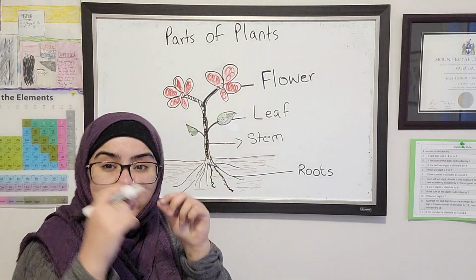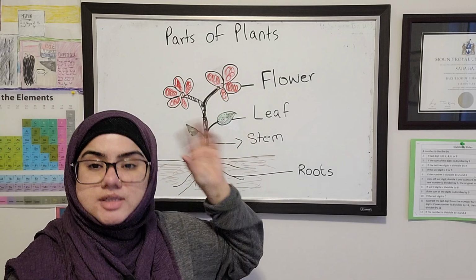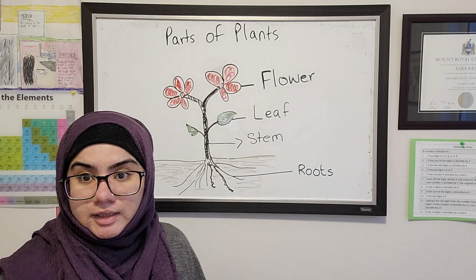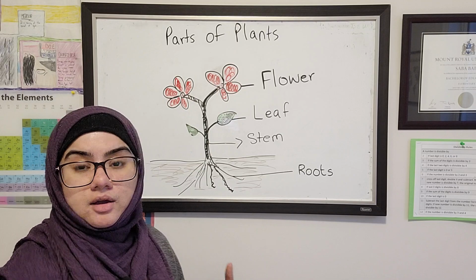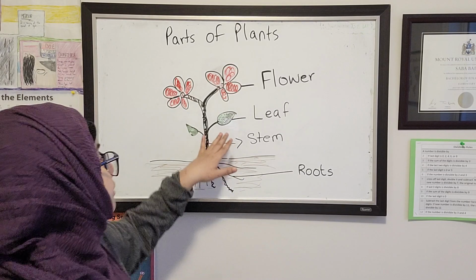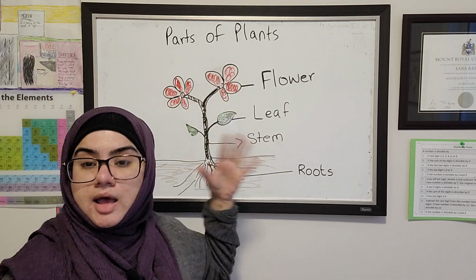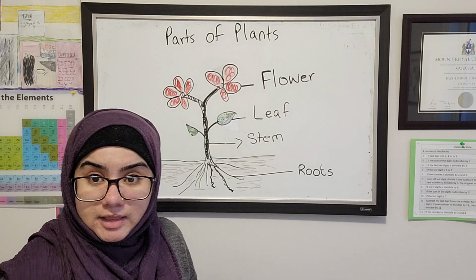But when you use a microscope, you can see leaves have very tiny pores through which they breathe. They take in carbon dioxide and release oxygen in the atmosphere. Okay, so these have tiny holes. Leaves help plants to breathe.